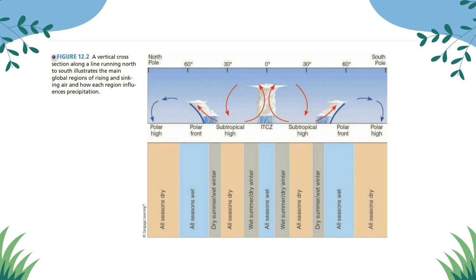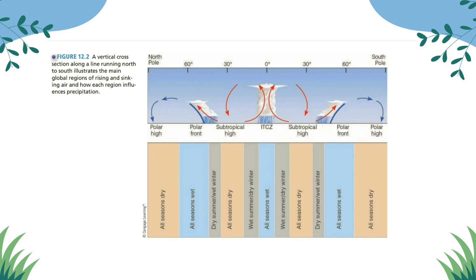Now I have here another illustration that shows how air circulates globally, influencing precipitation. At the ITCZ, or the Intertropical Convergence Zone, near the equator, the warm air rises, causing high rainfall. In the subtropical highs, at 30 degrees north and south, the air sinks, leading to dry conditions and deserts.